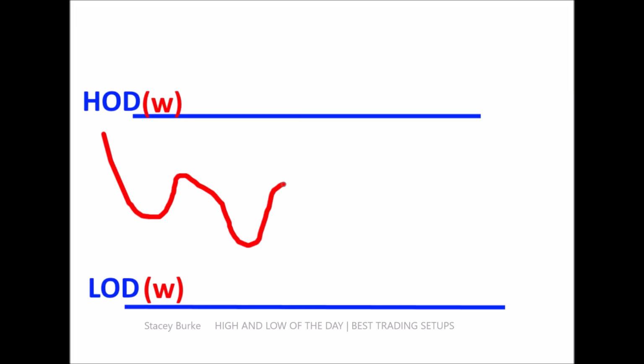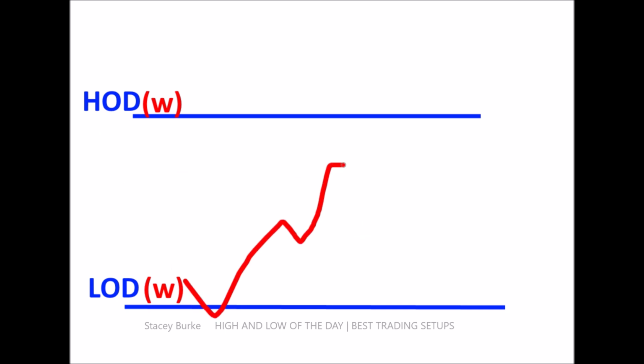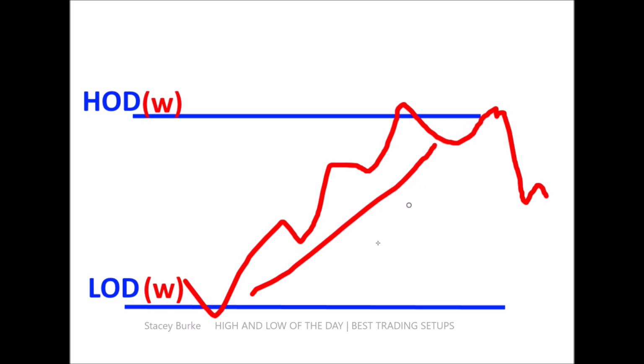Day 1, day 2, day 3. On oil, we're on day 1, day 2, day 3. They've come back inside. There's a possibility, now there's our high, there's our low, that they could work into the low for a move back up.